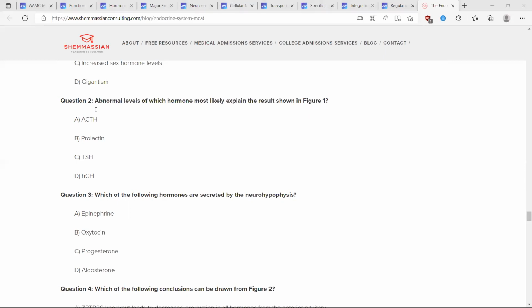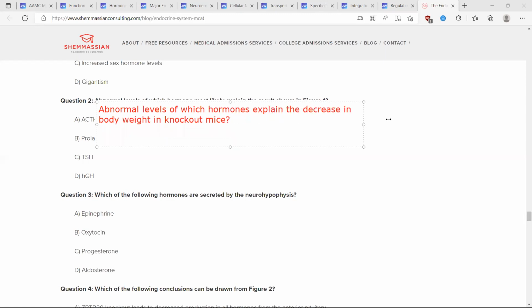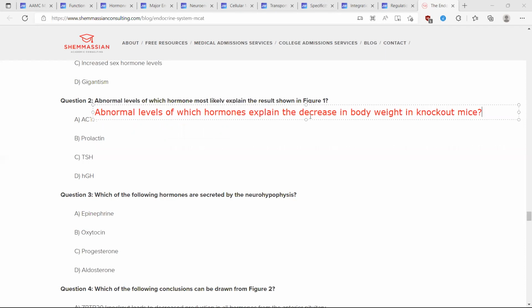This question could have been rewritten as: abnormal levels of which hormone explain the decrease in body weight in knockout mice, right? If you wrote it that way, it's the same question, but then you're not limited to figure 1. Then you would probably have to look at figure 2 and figure out the answer. So don't limit yourself based on the figure that they mentioned. Just use it as a starting point.